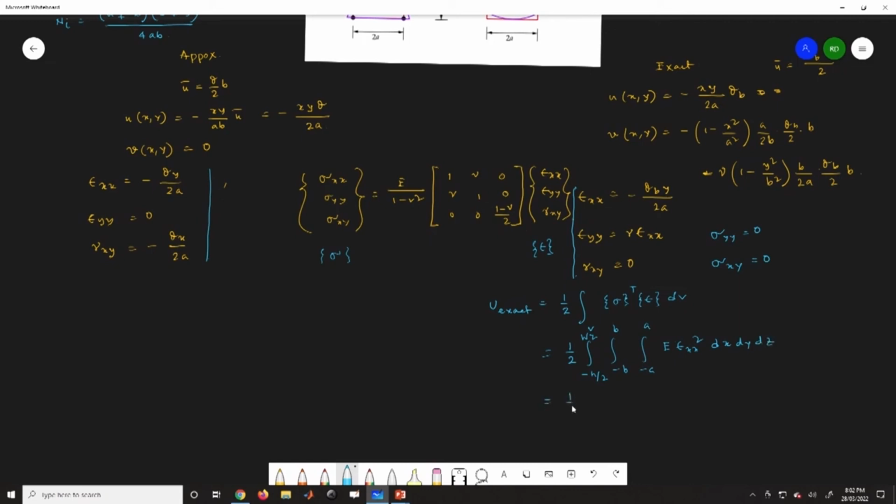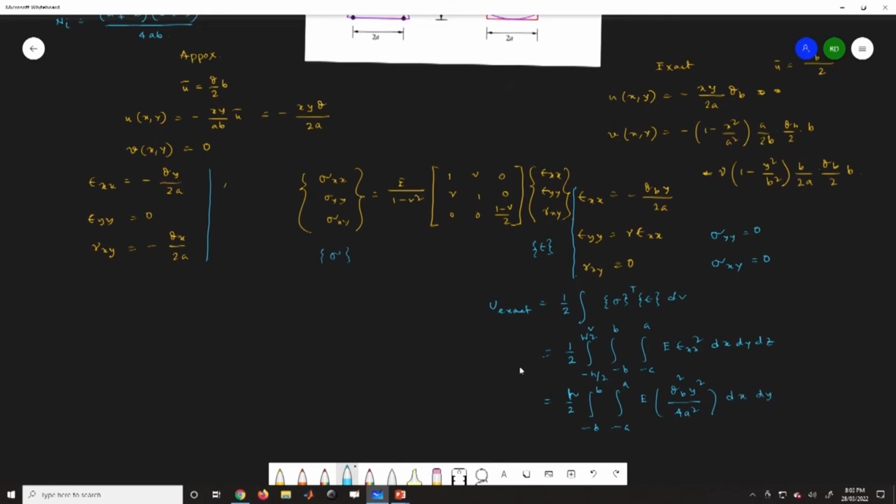Now epsilon xx is independent of z, so I can just write h, that is thickness, then minus b to plus b, minus a to plus a, E into epsilon xx, which is theta b y squared by 2a, so theta b squared, and this I can write as 4a squared, dx dy, right?